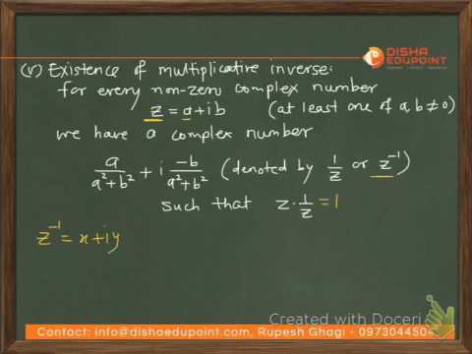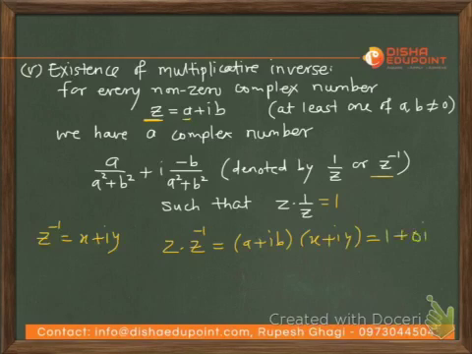Now Z into Z inverse, which is equal to (A plus iB) into (x plus iY), must be equal to 1 plus 0i. As we know, this Z into Z inverse will be equal to AX minus BY plus i into (AY plus BX).